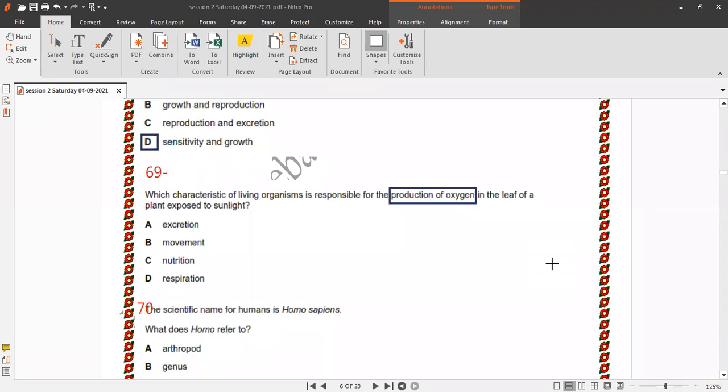Respiration. Wait. In the leaf of a plant exposed to sunlight, what is the name of this process? Photosynthesis. Okay, we use raw materials like water and carbon dioxide, and they produce oxygen and glucose. Here, which characteristic?